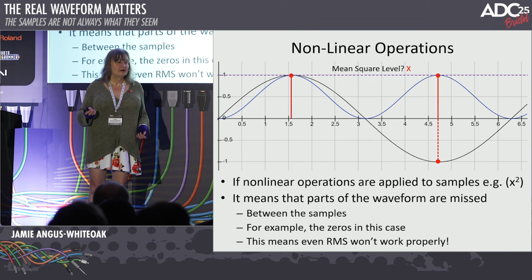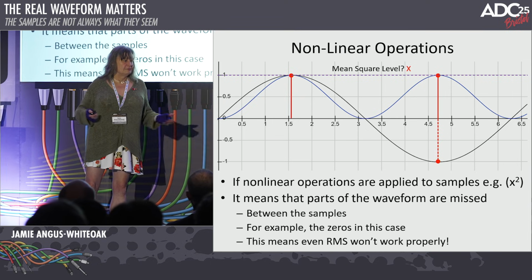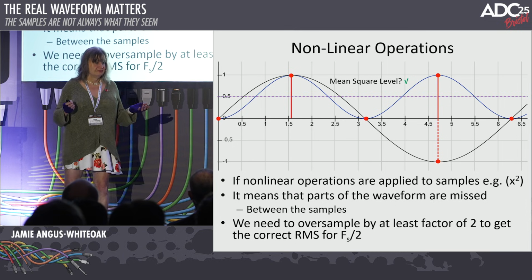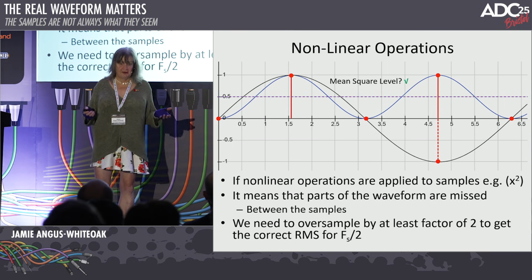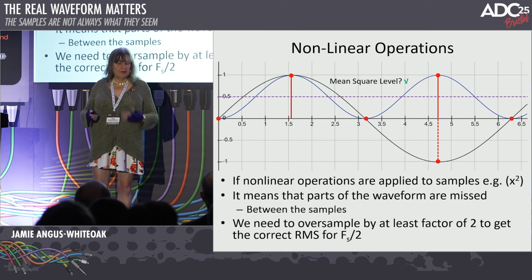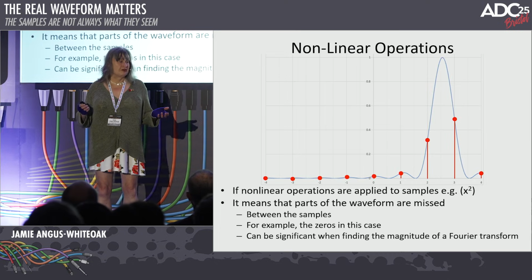And if we did the mean of that, it would tell us, oh, the mean square value is 1, which it isn't. It's actually 0.5. Again, a 3 dB error. So in principle, we need to have at least double the sampling frequency to make that work. Again, the waveform actually matters.